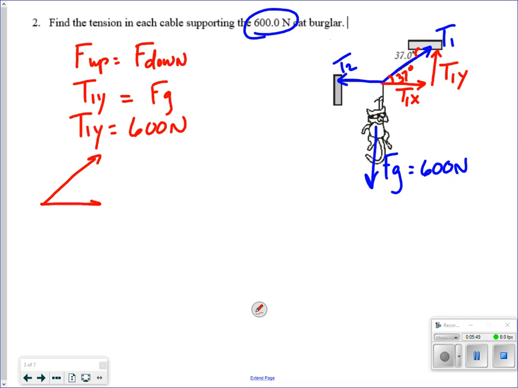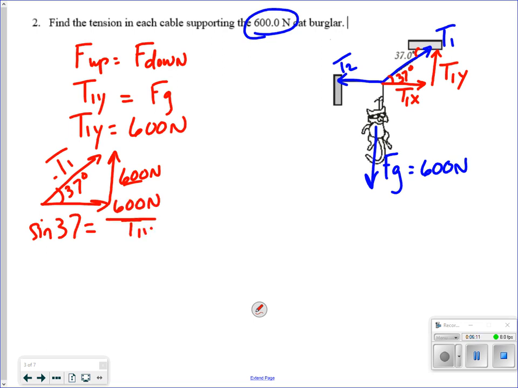If I know some of this triangle here, this is going to be 600 newtons, and I'm looking for this one. Well, that's a pretty straightforward trig thing going on right there. We've got an opposite side and we've got a hypotenuse. So you can use the sine function, opposite over hypotenuse, sorry, not T1y, that's my bad, just T1.